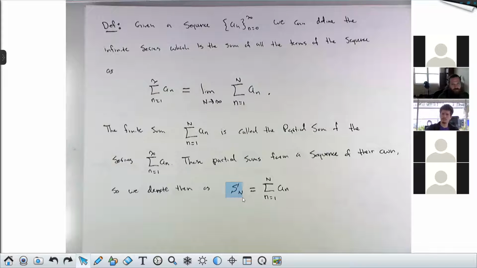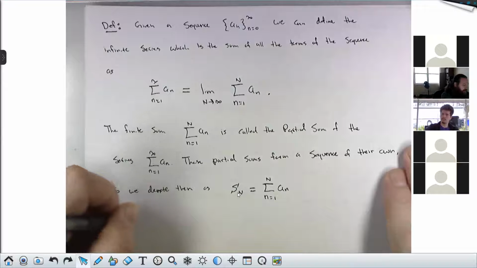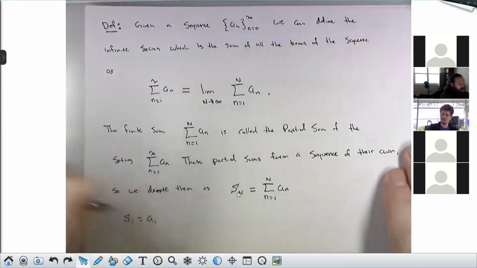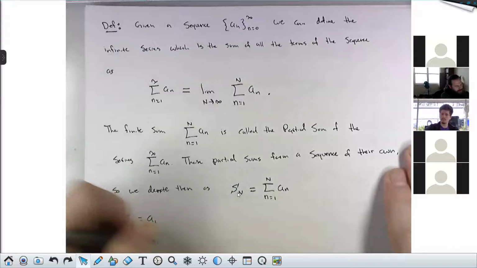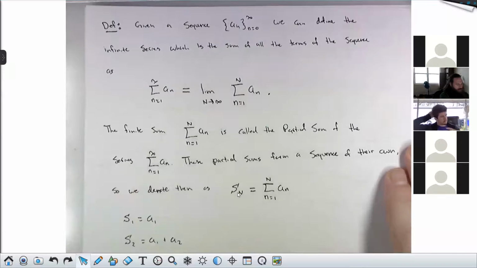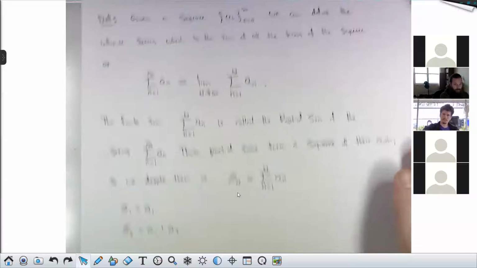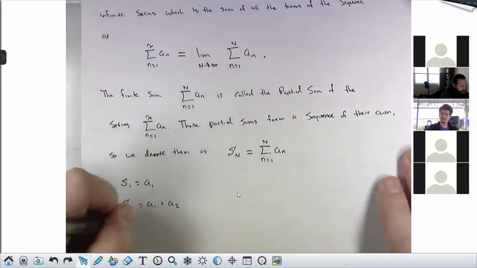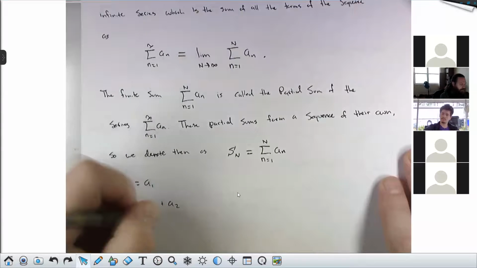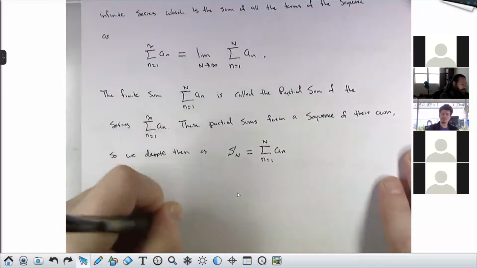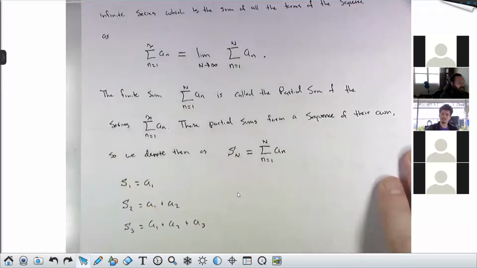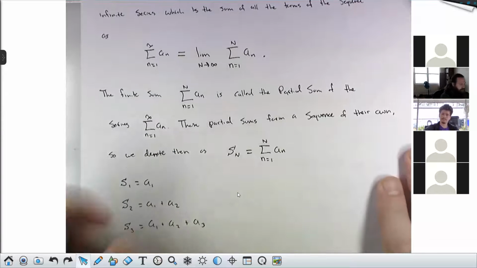So S_n is the nth partial sum. It's the partial sum of length n. S1 is just A1. S2 is the sum of length 2, A1 plus A2. S3 is the sum of length 3, A1 plus A2 plus A3, and so on.